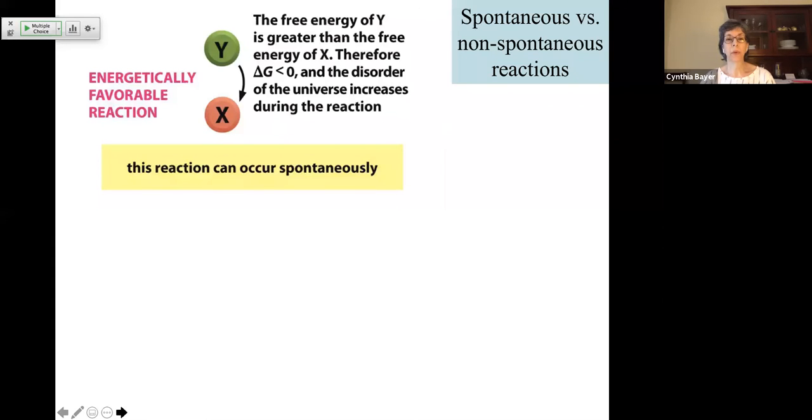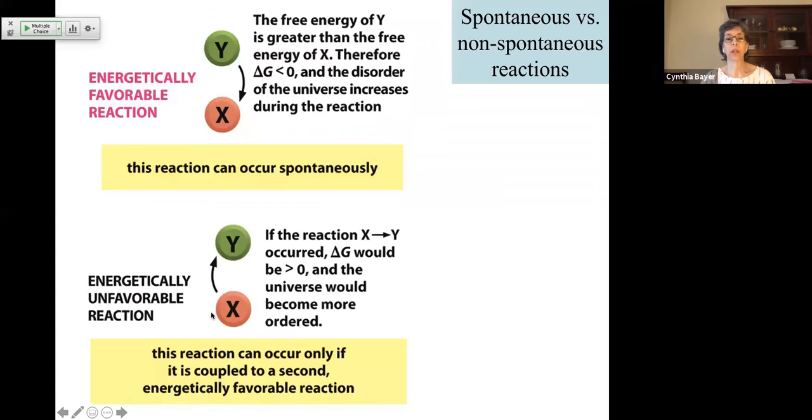The opposite reaction, in which X is converted to Y, a lower free energy molecule X converted to the higher free energy molecule Y, will require energy to be put into that, right? That's going to consume energy. It requires energy. So we call that an energetically unfavorable reaction.